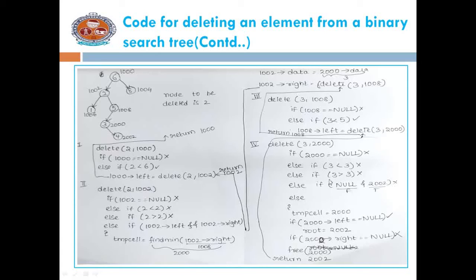Else if 3 is less than 2000 of data, no, fails. 3 is less than 3, no. 3 is greater than 3, no. So it checks whether it is having a left child or not. 2000 of left is not having anything, so it returns false, and 2000 of right is having some value, it returns true, but false and true in logical AND returns false, so this block fails. Here it comes to the else block.